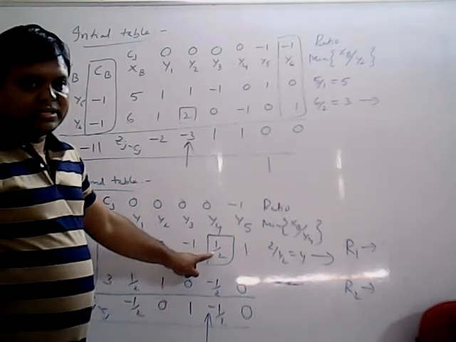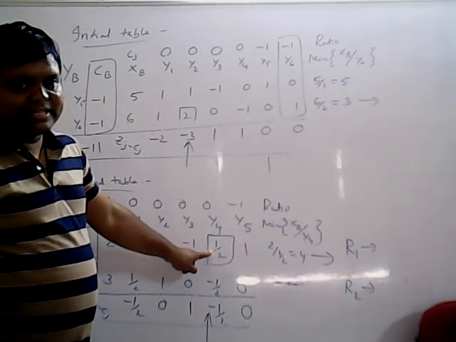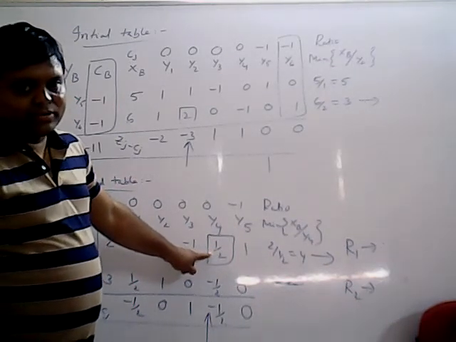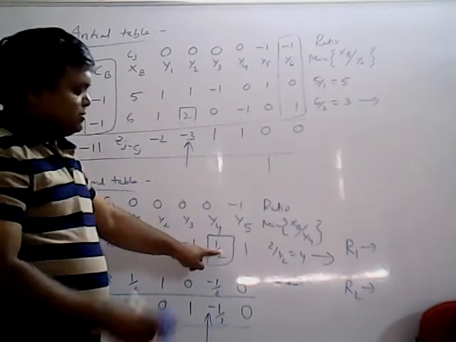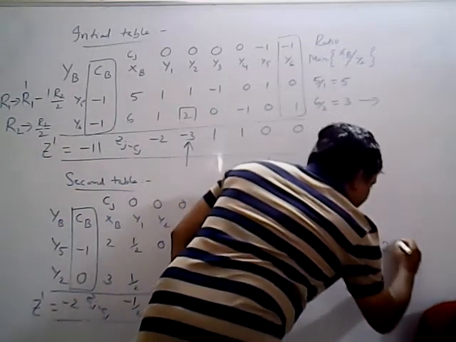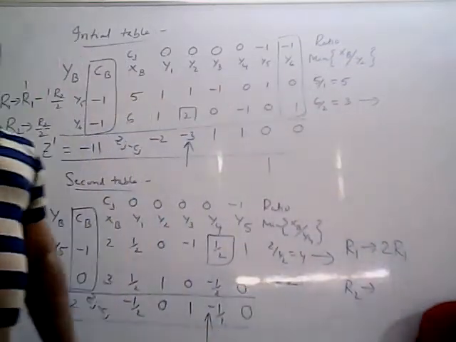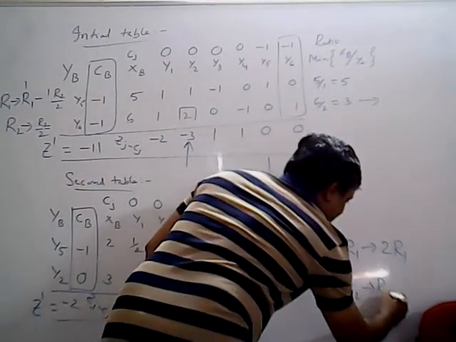How will you get 1 here? By dividing by itself, 1 by 2 divided by 1 by 2. So the entire R1 is divided by 1 by 2. That means you can multiply with 2 and automatically you will get 1. That means R1 implies 2R1. Now R2: the key element is there in the first row, so the first row will be as it is, R1.